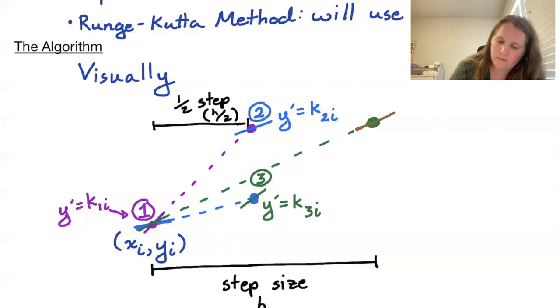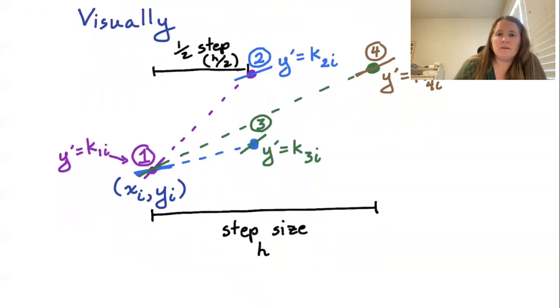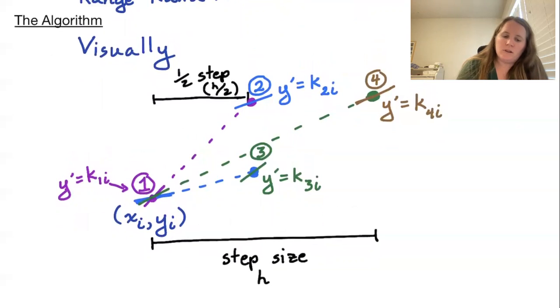So this is our point 4. Now it has y prime equal to k4i. So every time we create our line, we go back to the initial point for that step, but the slopes are coming from each of these points we're finding. So we have 4 different slopes we've found.